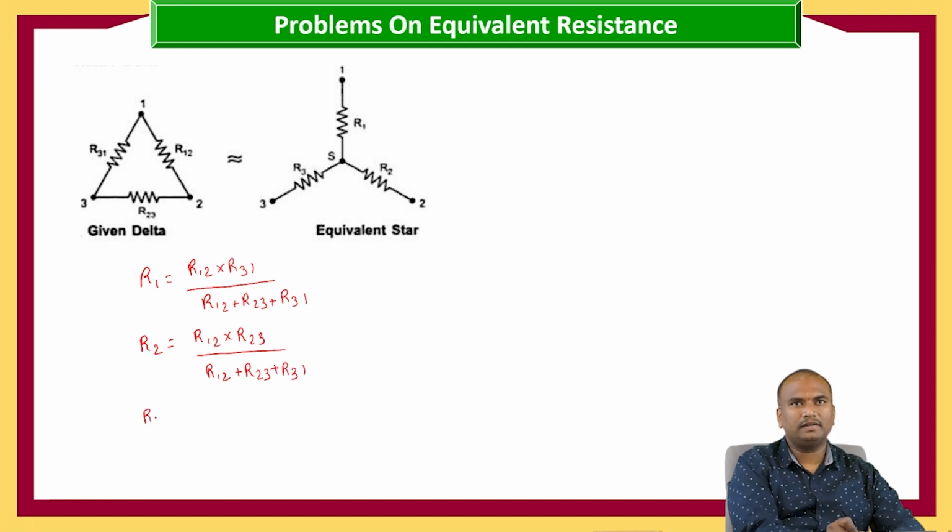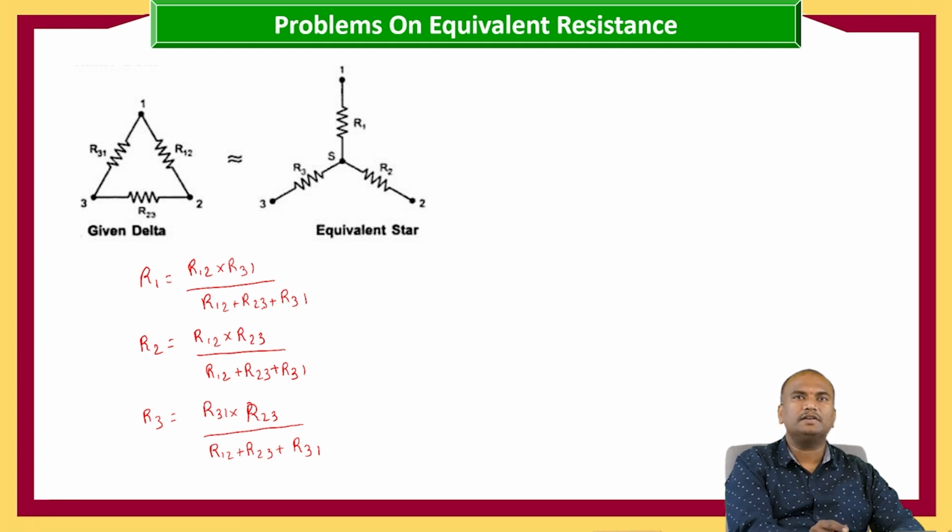And R3 is equal to R31 into R23 divided by R12 plus R23 plus R31. This is the R1, R2 and R3 values. That means star values from the given delta.